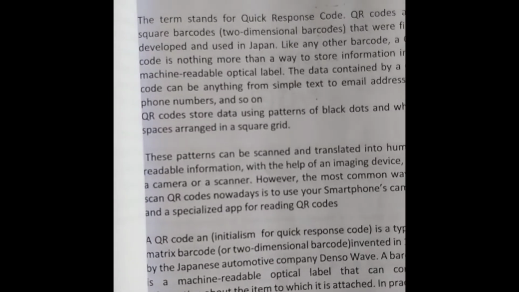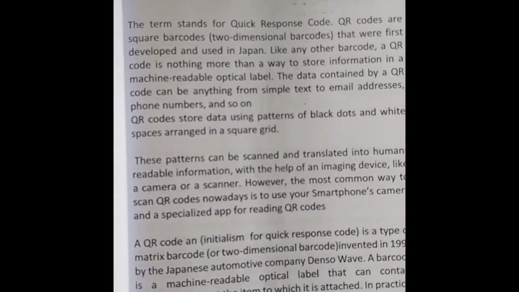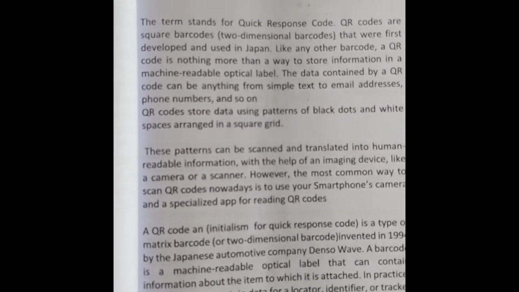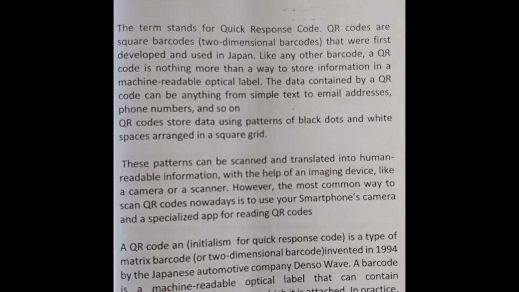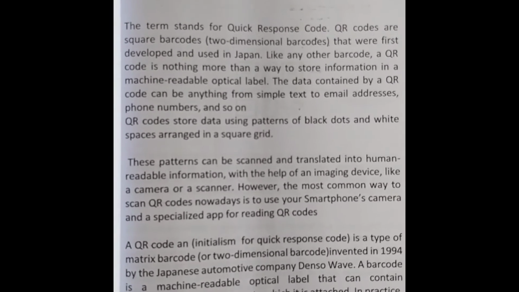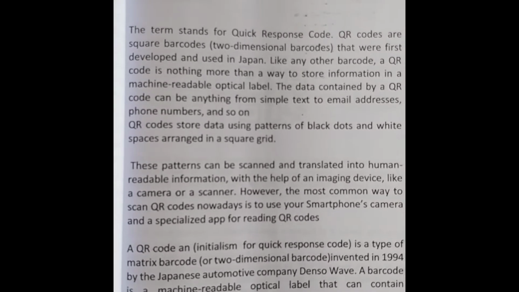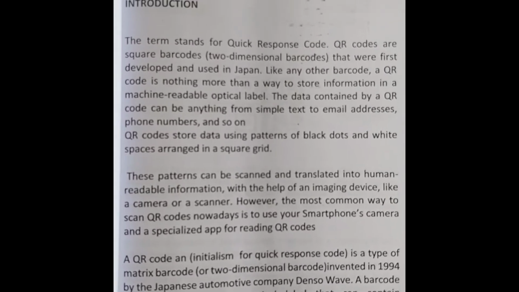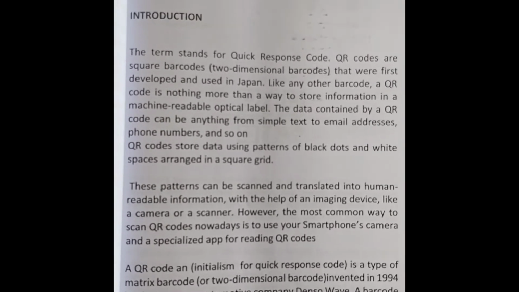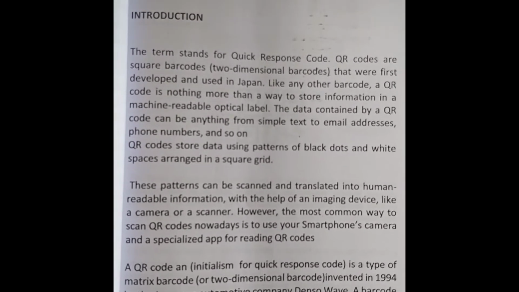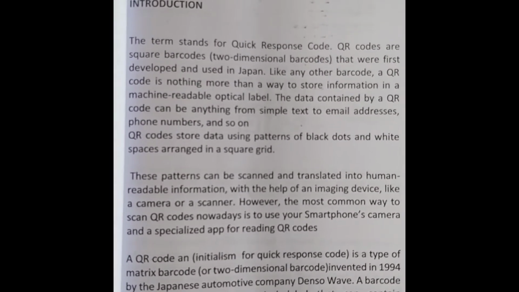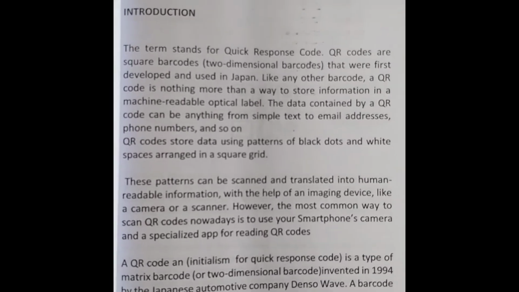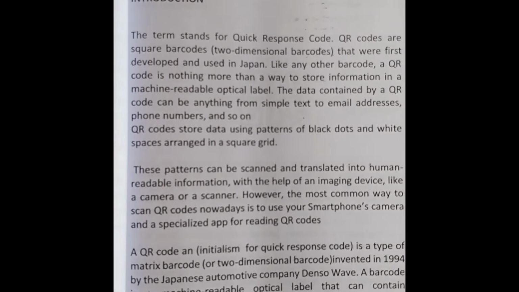Here we can see the introduction about the QR barcode. It was first developed in Japan in 1994 by the Japanese automotive company Denso Wave. A barcode is a machine-readable optical label that can contain information. It can store the data in the form of black dots and white dots.